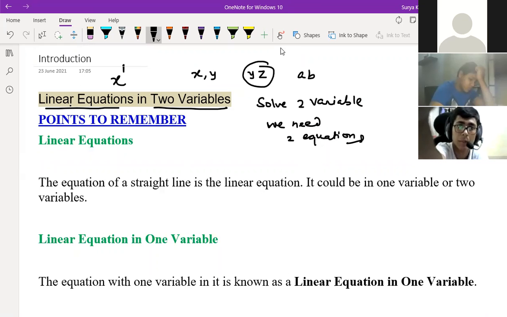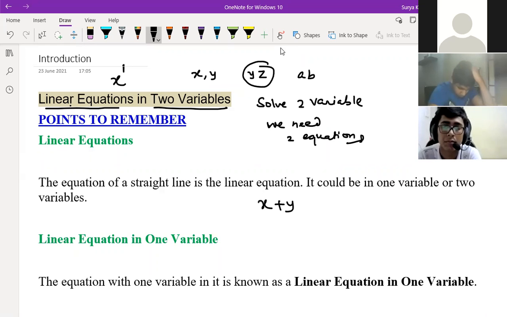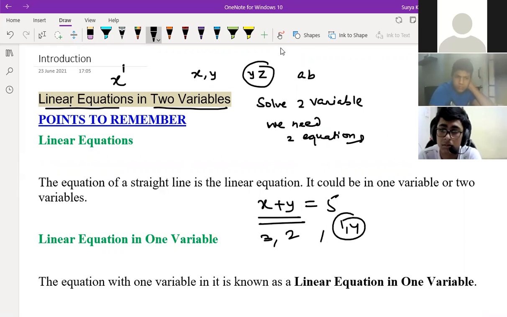By the help of one equation, you can't find the value of x and y, right? Suppose I'm saying x plus y is equal to 5. You can't say exactly the value of x and y. It can be 3 and 2, it can be 1 and 4, like that, right? But to solve exactly this x and y, we need how many equations?